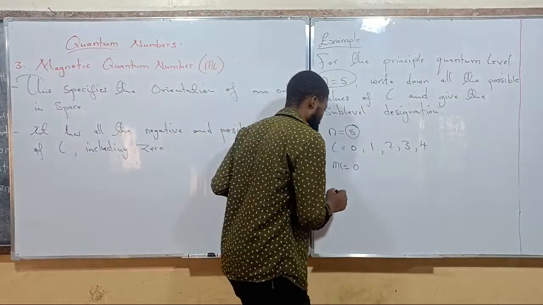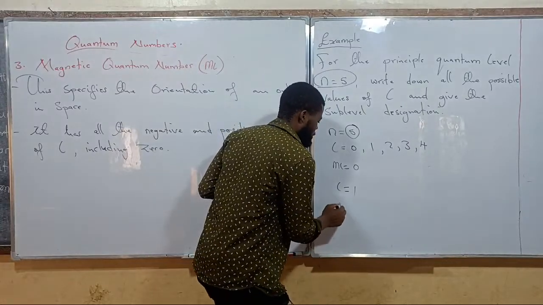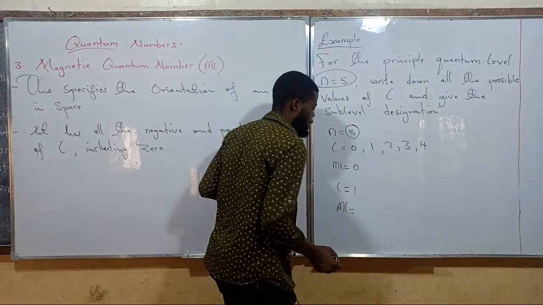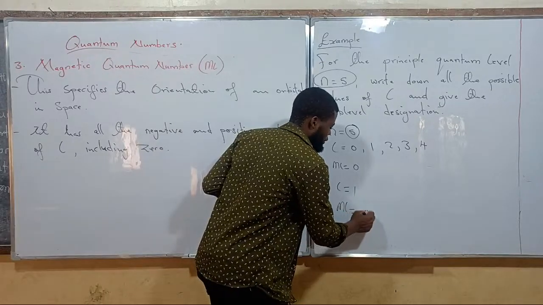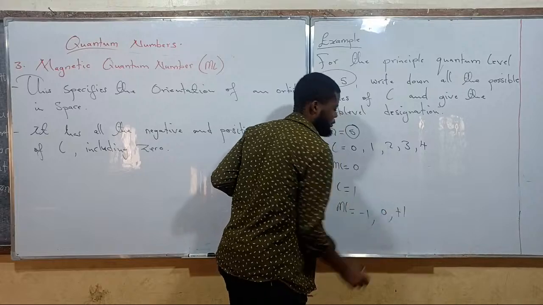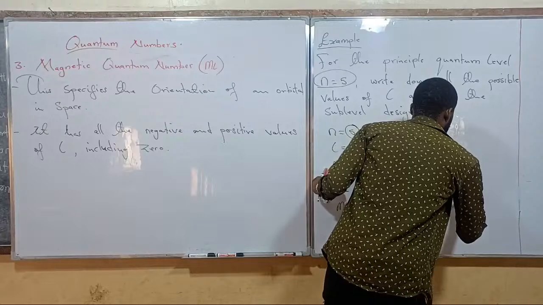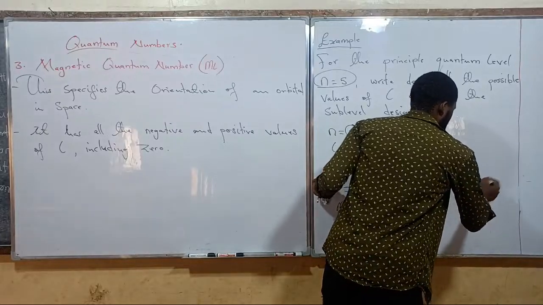But if L is equal to 1, ML is going to have values of negative 1, 0, and positive 1.